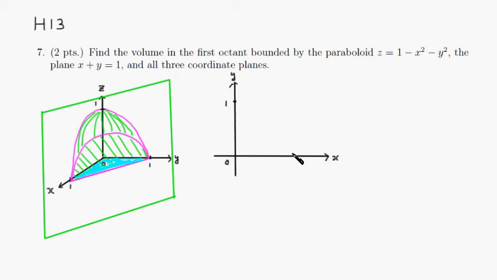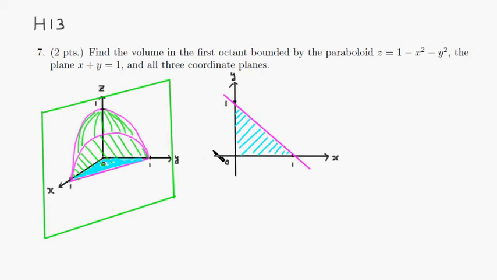Here's 1 here, and here's 1 here. Then just a straight line through both of those points. Then this is the region right here. That's the region we're talking about.